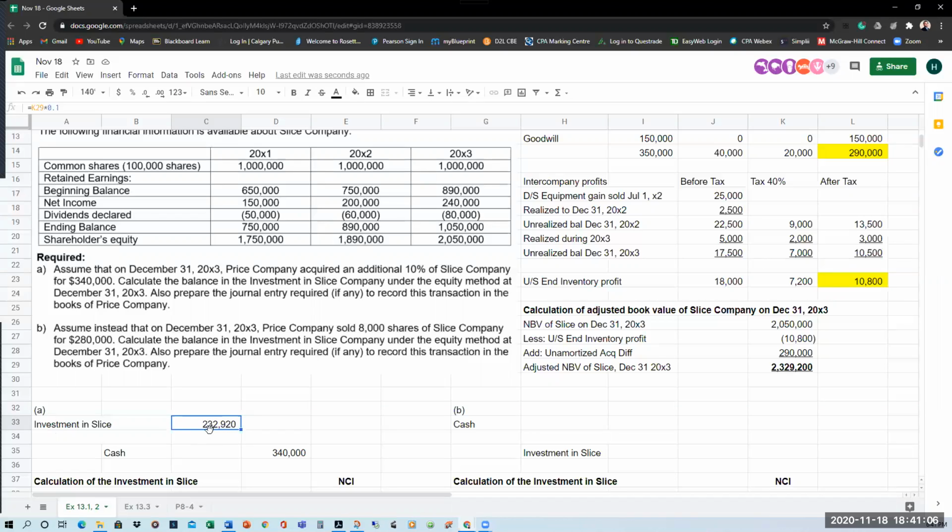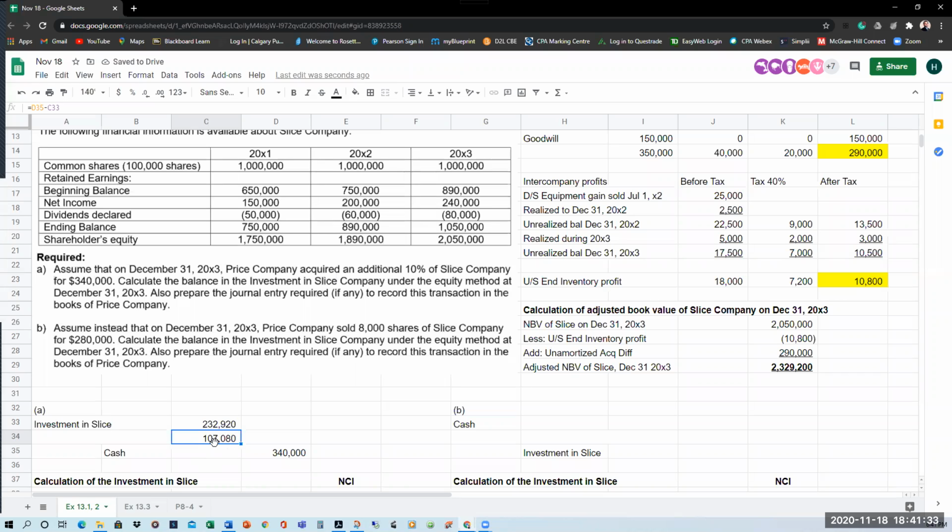The investment in Slice, the portion that they bought, is valued at 10% of the adjusted net book value, or 232,920. Of course, this means our journal entry is not balanced. We are missing a debit of 107,080.